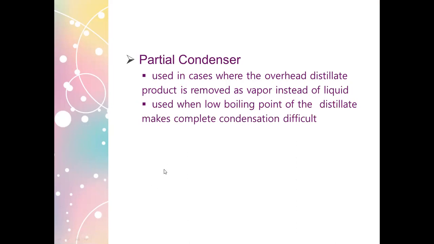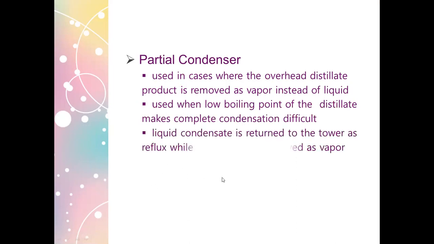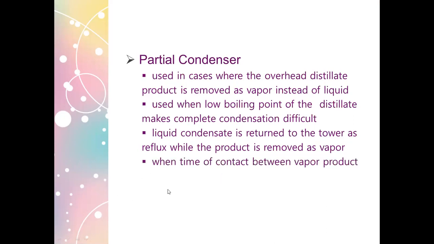The liquid condensate, that part of the vapor that was turned into liquid, is returned to the tower as reflux, while those vapors that were not condensed are removed as product vapor.